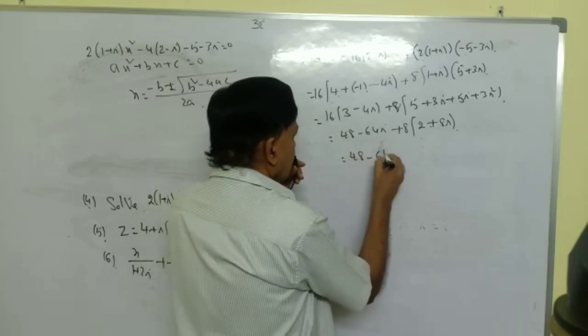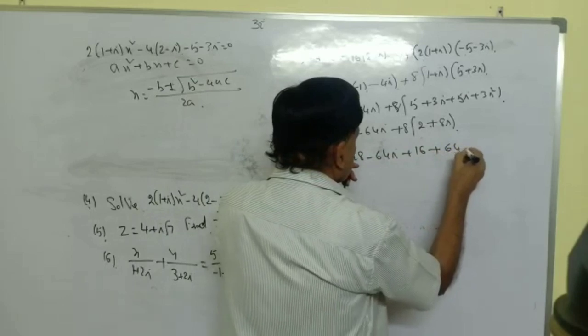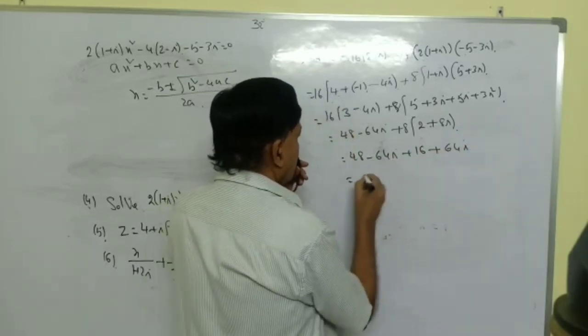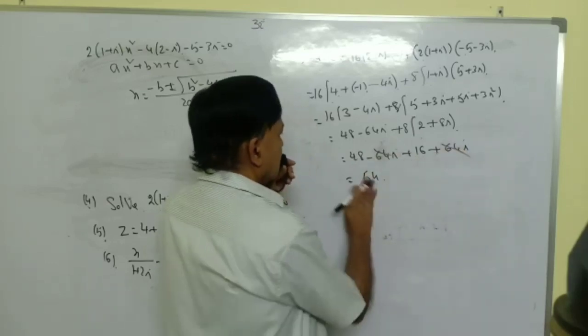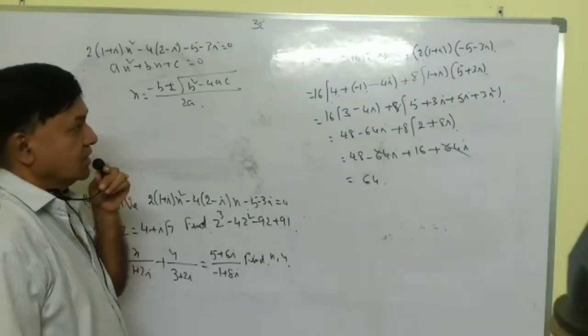So 48 minus 64i plus 16 plus 64i. 48 plus 16 is, sorry, 64.